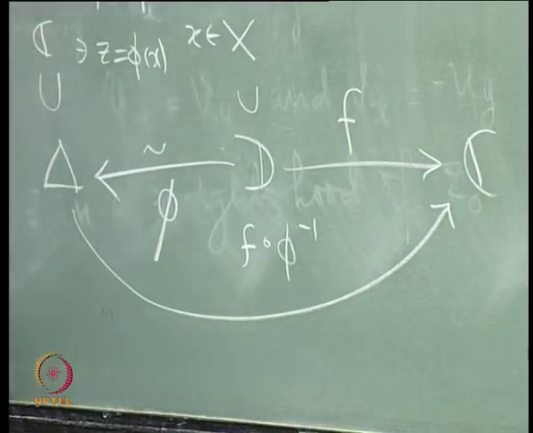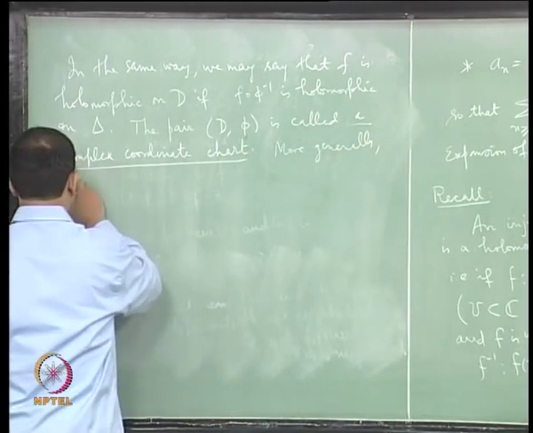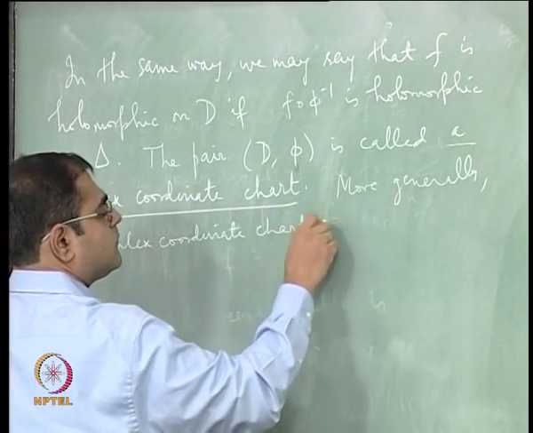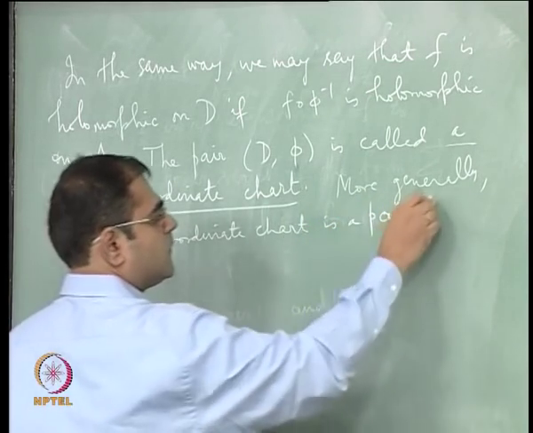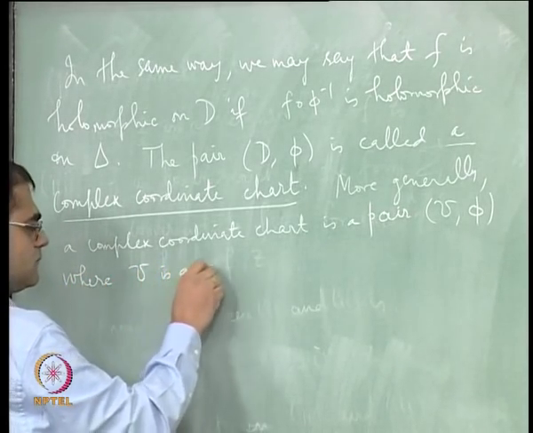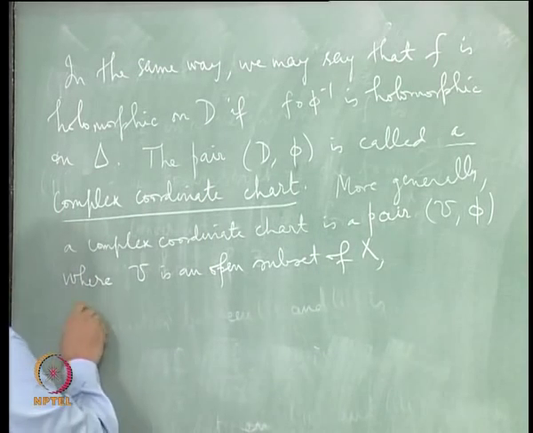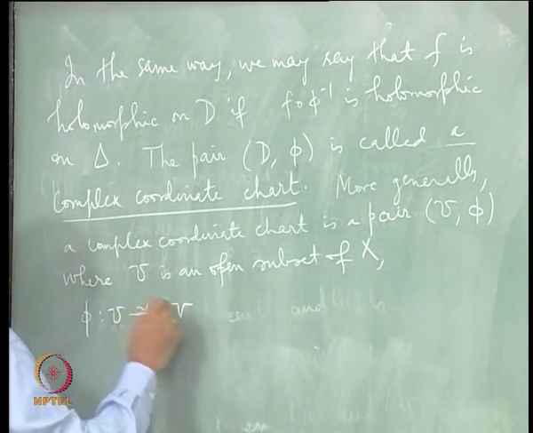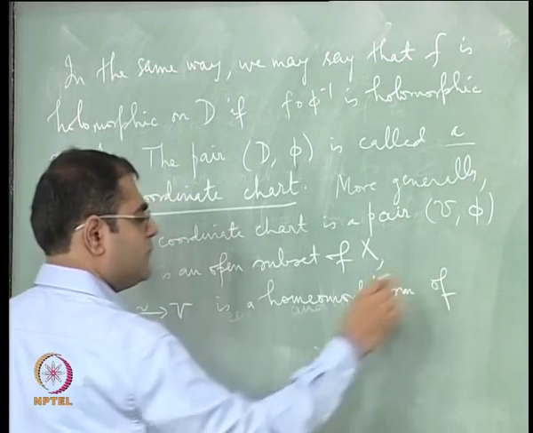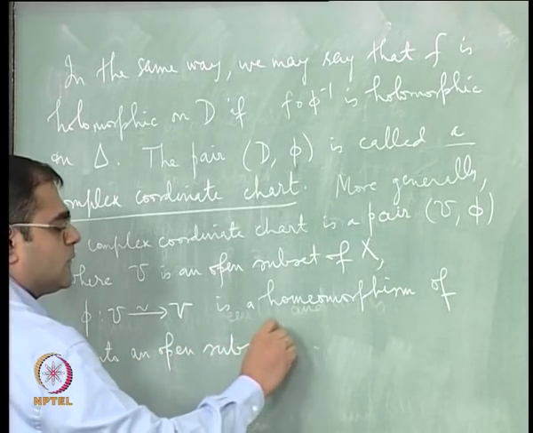So more generally, a complex coordinate chart is a pair U comma phi, where U is an open subset of X, phi from U to V is a homeomorphism of U onto an open subset V of the complex plane.